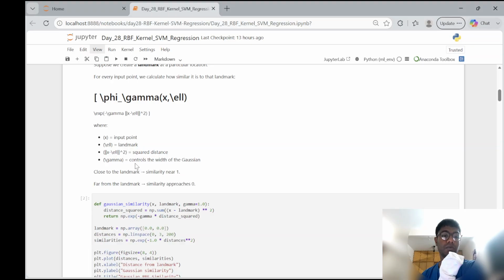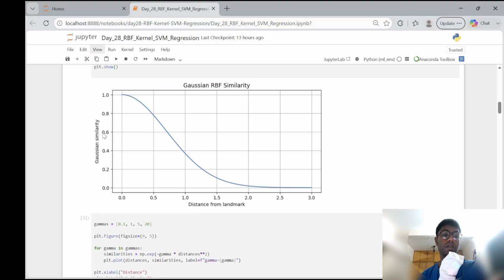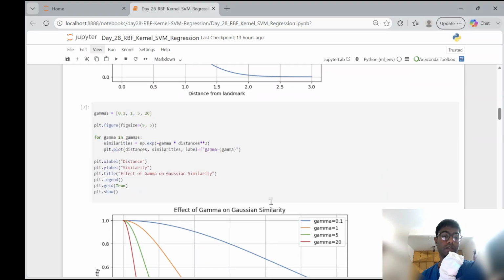Similarly, gamma is one such parameter which informs us about the similarity features, or the way that the similarity increases or decreases. As you can see in the Gaussian similarity, at distance 0 we have high similarity, and as we increase the distance, the similarity score decreases.